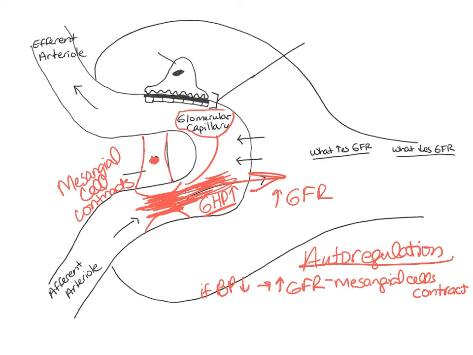So then if you have the other situation where your blood pressure increases, the smooth muscles lining the afferent arteriole will contract, and when they contract, they will narrow the lumen of the afferent arteriole.